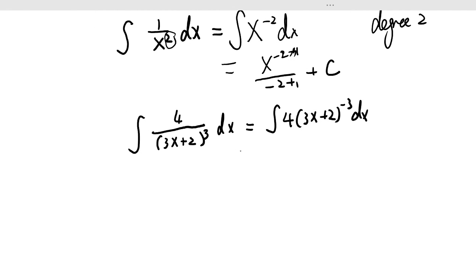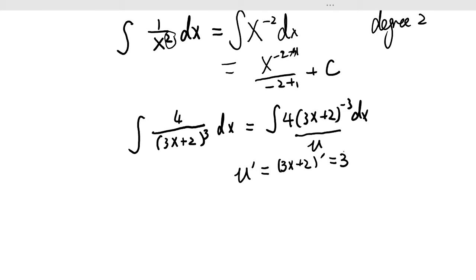Let's review our shortcut. We define our base as u. We get u prime, which is the derivative of 3x plus 2, going to be a 3.